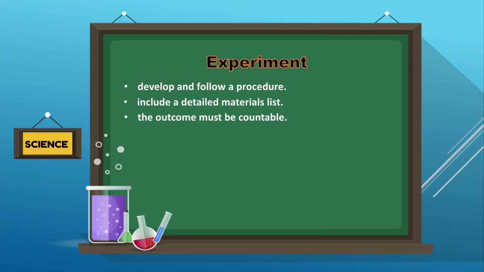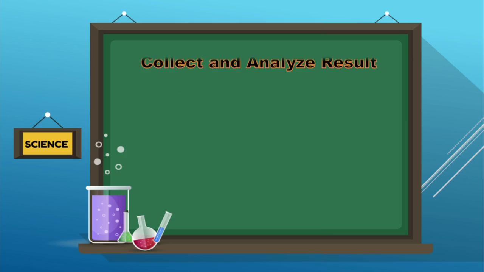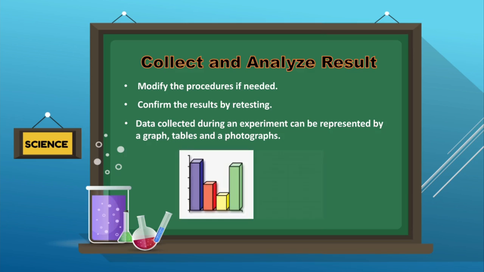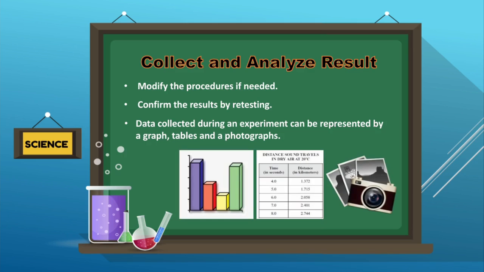Now, if the procedures are working, you can proceed to the fifth step of the scientific method, which is to collect and analyze results. In this step, you are going to modify the procedures if needed, confirm the results by retesting, and the data recorded or collected during an experiment can be represented by a graph, tables, and photographs.